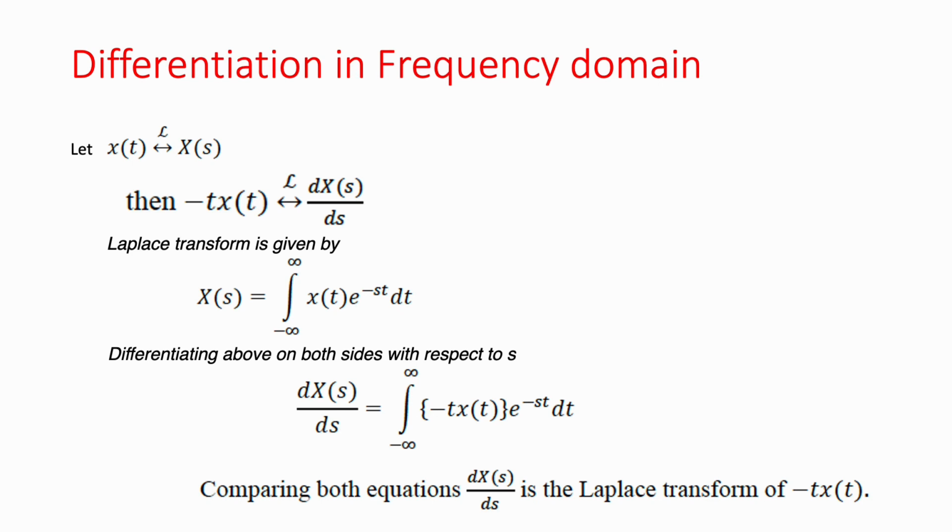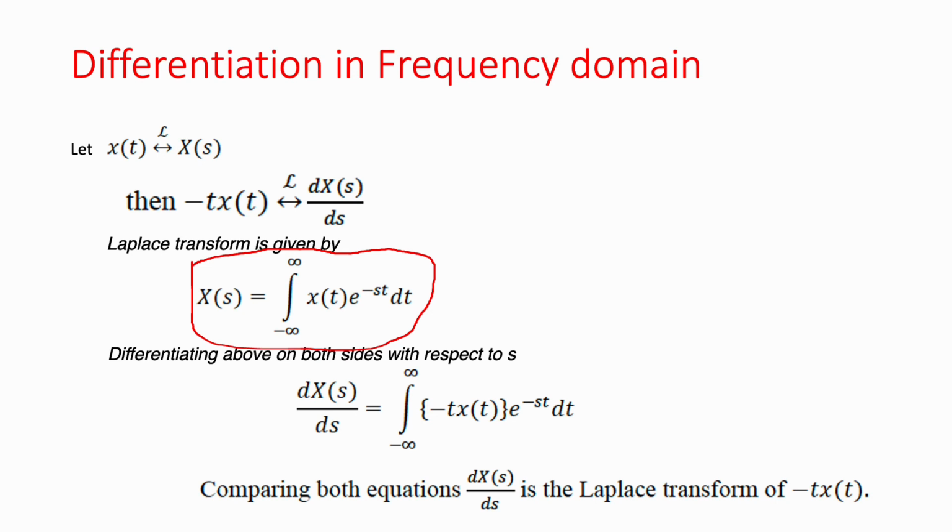You all know the Laplace transform formula, it is written here. So this is the Laplace transform formula. Differentiating the above equation on both sides with respect to s. If you do the differentiation, dx of s by ds is equal to, with respect to s we have to do it, integral of minus t x of t e power minus st dt.